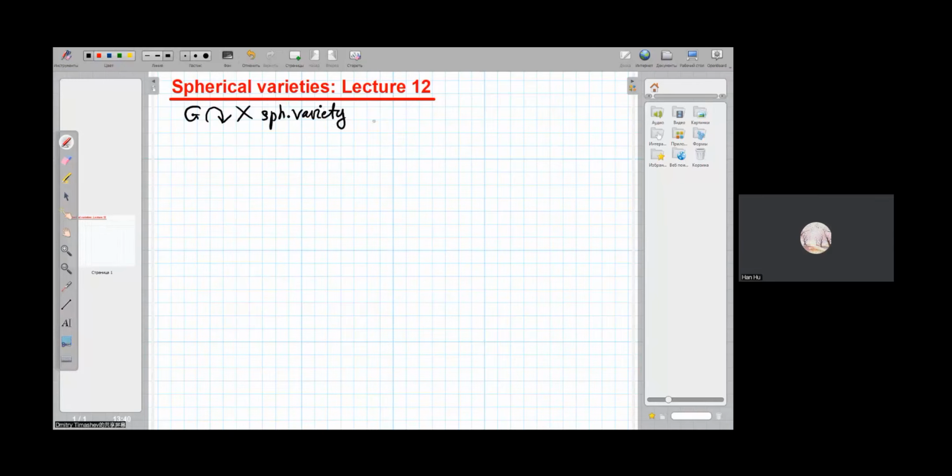Let me recall that we denoted by script E sub X the space of all linear functions on the weight lattice of X with values in rational numbers. And then the lemma, which we stated at the previous lecture, it was Lemma 4.